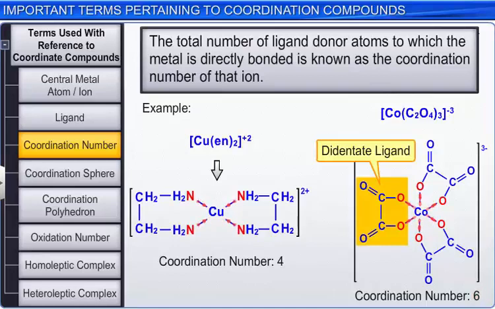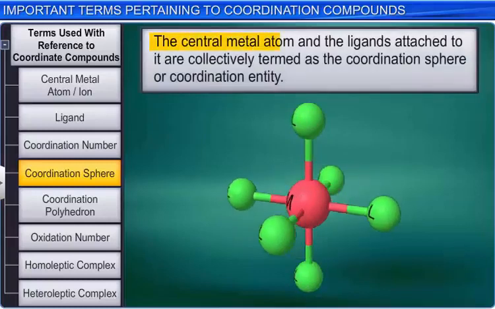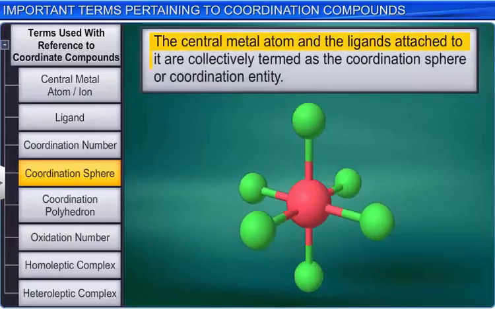Coordination entity or coordination sphere is a common term we use with reference to complexes. The central metal atom and the ligands attached to it are collectively termed as the coordination sphere or coordination entity.